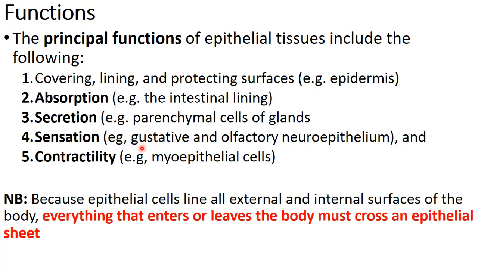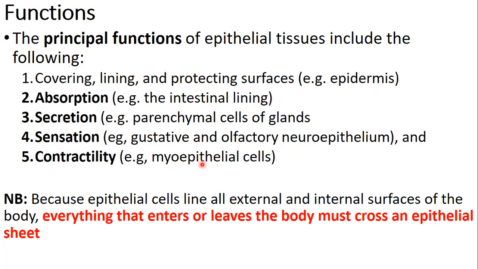Next is contractility. So there are certain cells within the epithelial tissue which we call myoepithelial cells. Myo means muscle. So these cells have dual property. They have property of muscle, at the same time property of epithelial cells. So they will cover external and internal surface, at the same time have the ability to contract and relax.